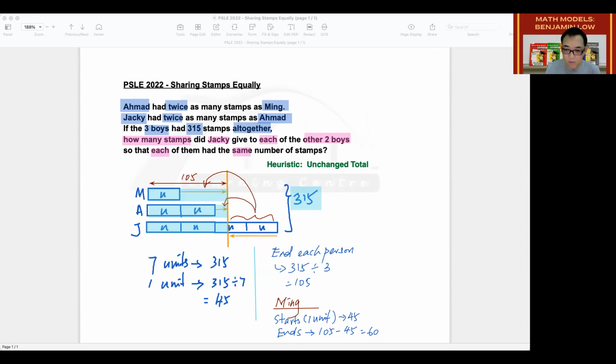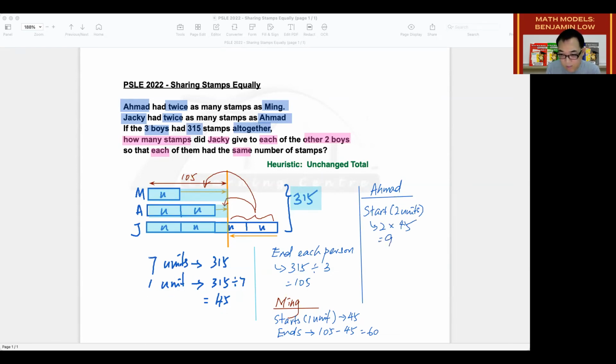Next, we need to do the same thing for Ahmad. Ahmad needs to receive a small amount. Ahmad starts with the 2 units over here. So if he starts with 2 units, then it is 2 times 45, because 1 unit, again, is 45.